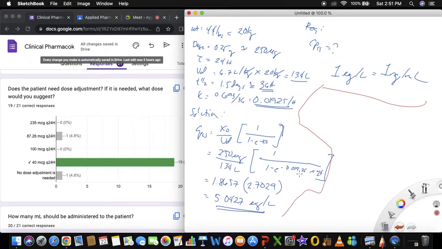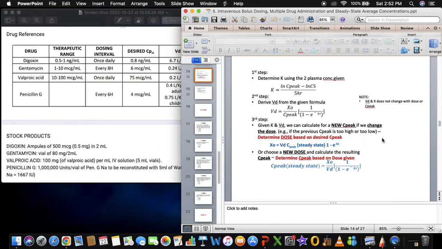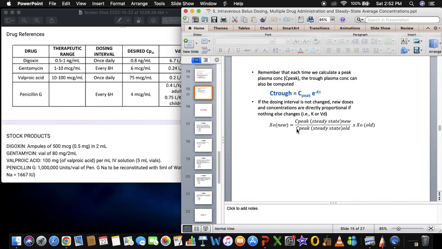So, ang gagawin ko lang dyan, class, would be new dose equals CP desired, kung ano yung gusto kong CP, over CP actual, times dose na owed. Okay? Ito yung formula na gagamitin natin.